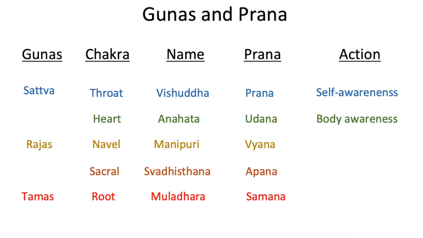The rajas aspect is our motion aspect, the vyana. The vyana controls all the circulation of the fluids within the body. The sacral element, the apana, forces the elimination of all the waste, solid waste, liquid waste, our exhales, all of those.